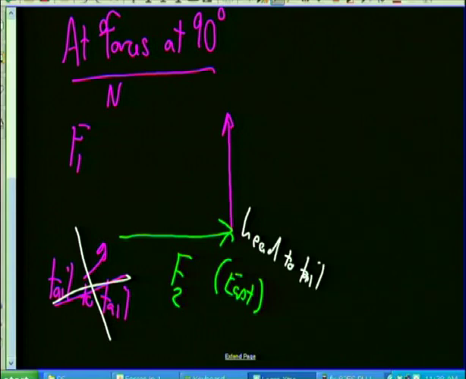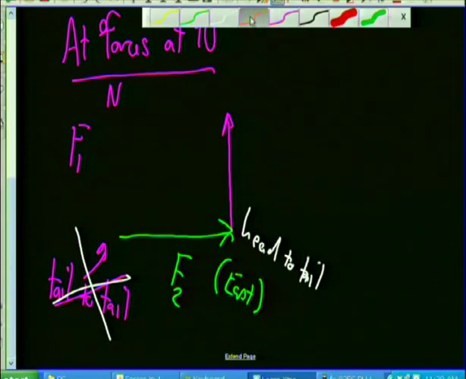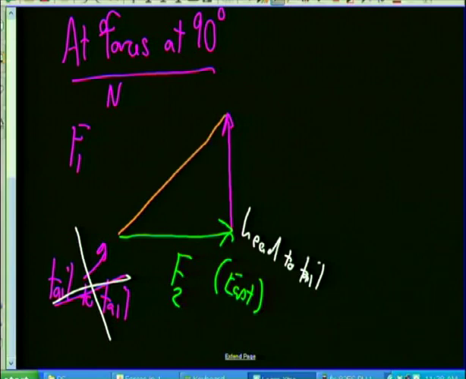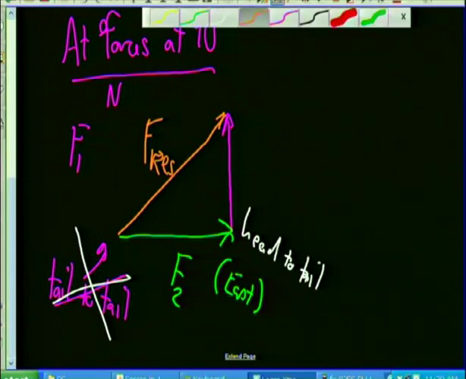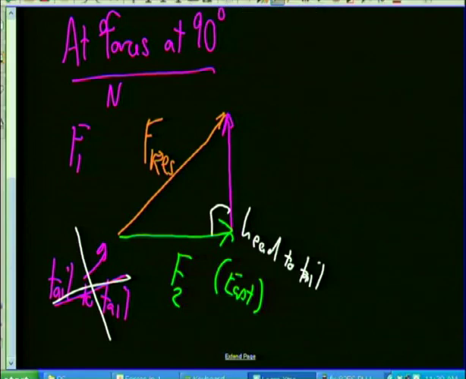So what makes sense to me is that I can actually complete a right-angled triangle. This force will be the resultant. So that's your net force or your resultant. And there is a very useful technique. As soon as we know that's a 90-degree triangle and we've got a resultant that we want to find, what are we going to do?